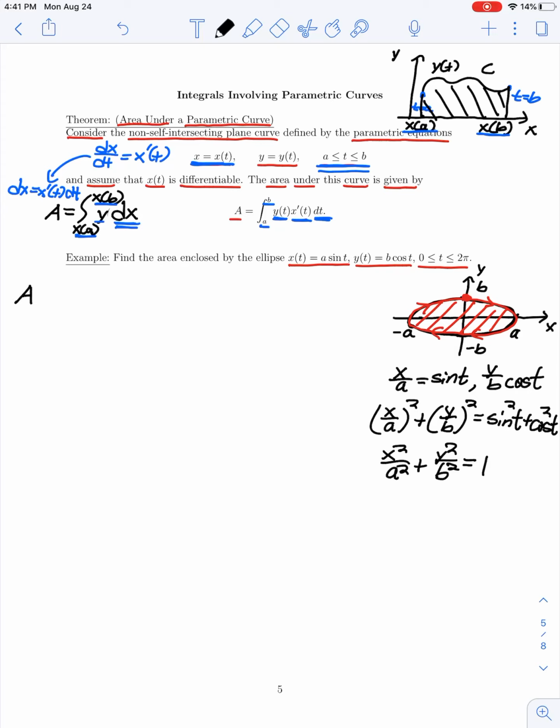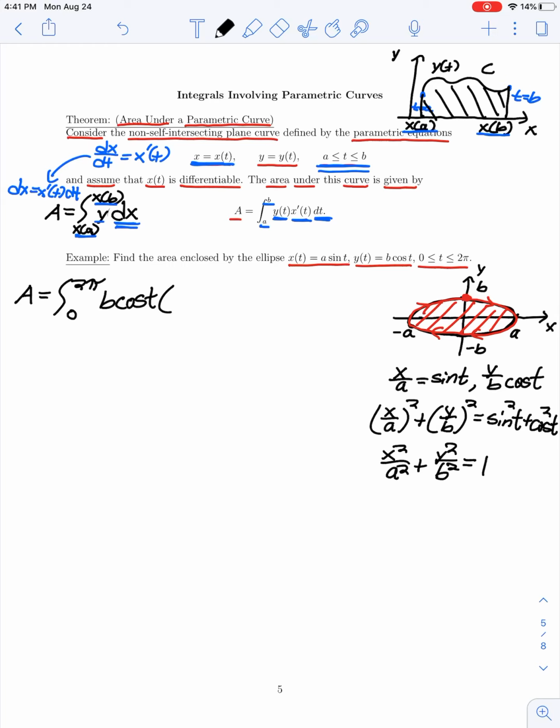Our formula for area is given by the integral from a to b, where a and b are the endpoints of our t interval, in this case 0 and 2 pi. Then the function that we're integrating is the product of y of t, so here we have b cosine t, times the derivative of x. Here x is a sine of t.